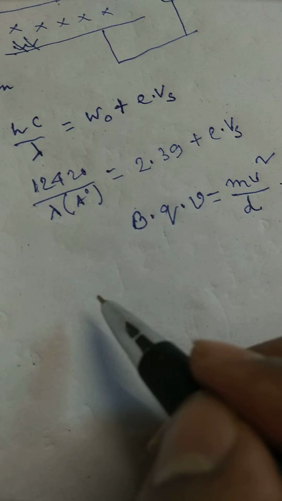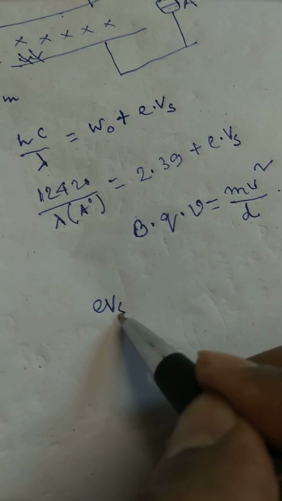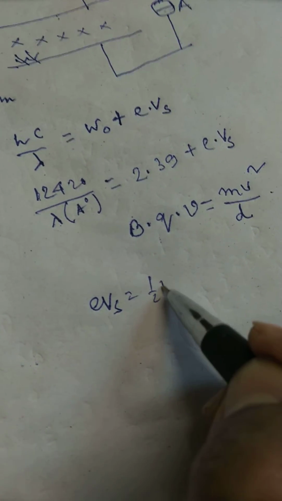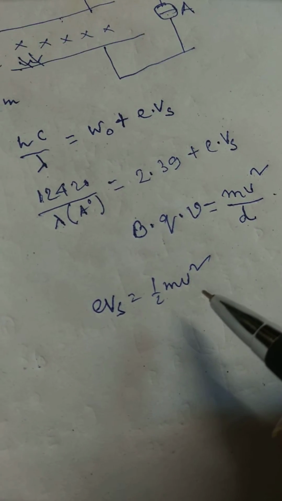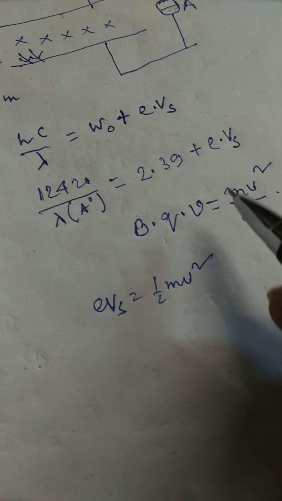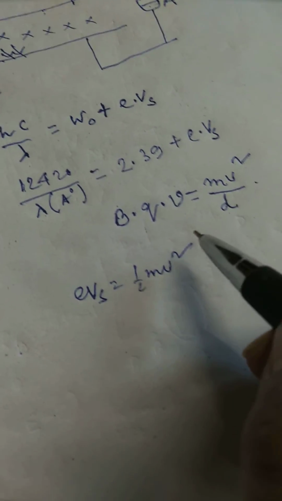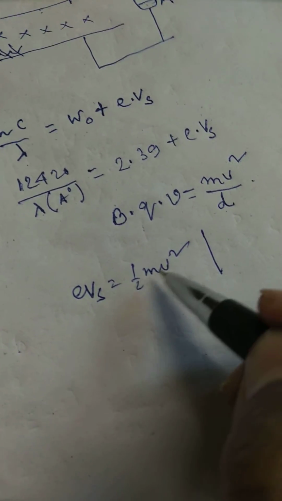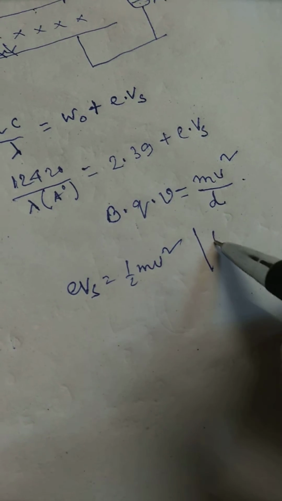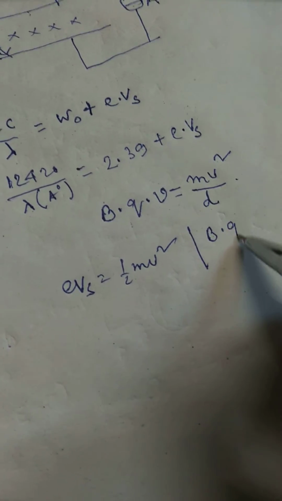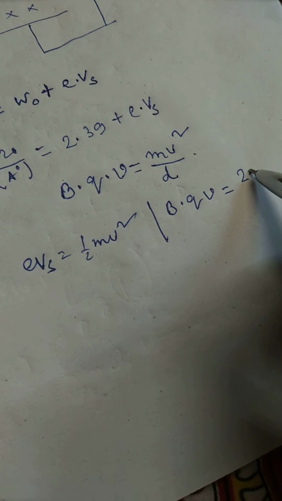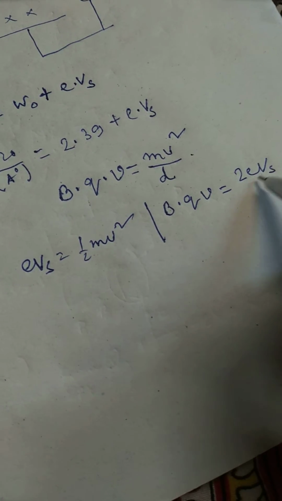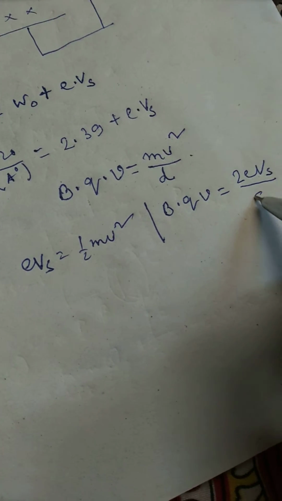So you also know this eVs is equal to half mv square, right? So mv square is equal to what? 2 eVs. So BQV is equal to 2 eVs by d.